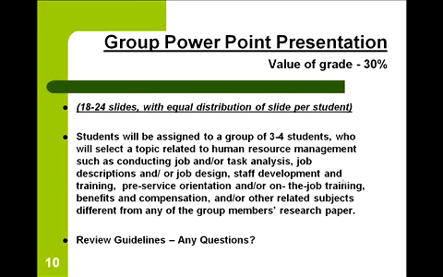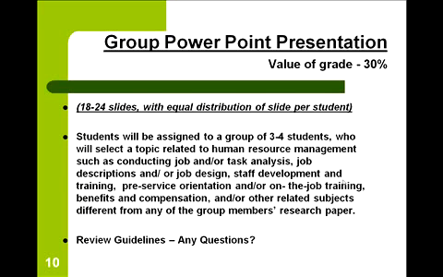The third assignment is a group PowerPoint presentation, 30% of your grade. This PowerPoint presentation must have 18 to 24 slides with equal distribution of slides per student. The students will be assigned to a group of 3 to 4 students who will select the topic in human resources management.